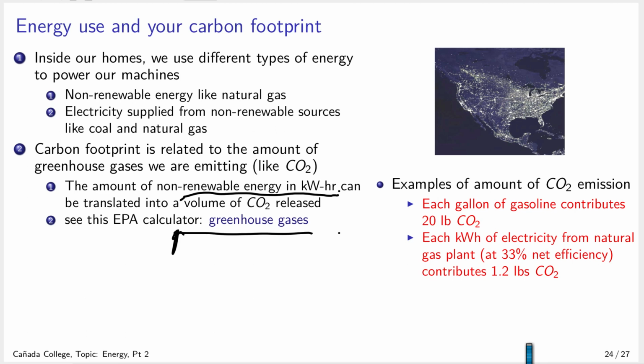And so, for example, if you use 1 kilowatt hour of energy from a natural gas plant, you are putting 1.2 pounds of carbon dioxide into the atmosphere. This number here for the amount of gasoline, I need to double check, it's not 20 pounds.